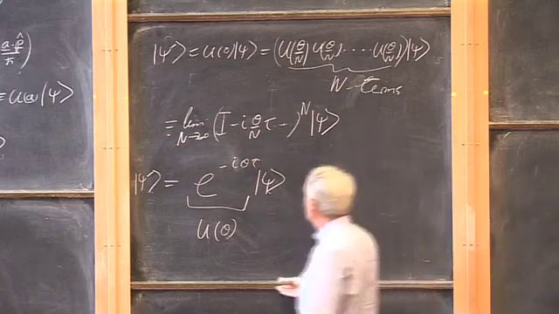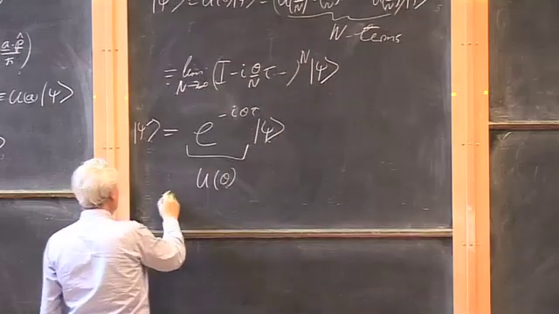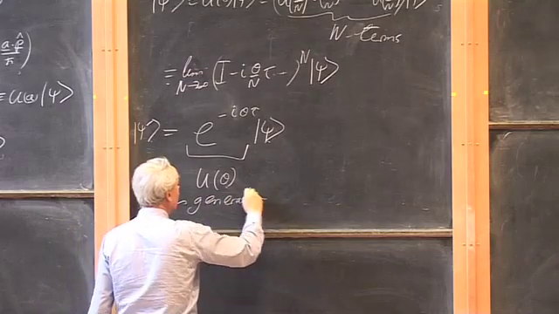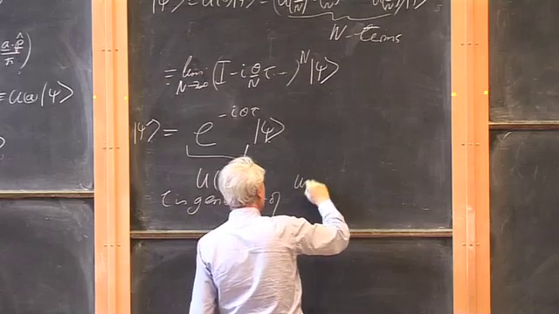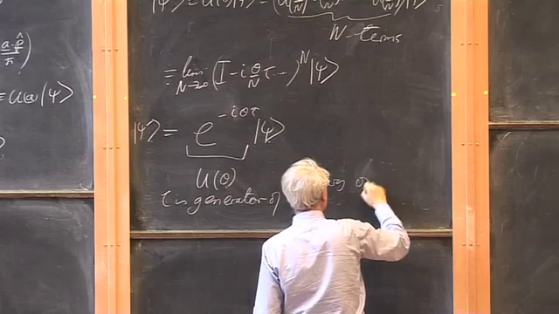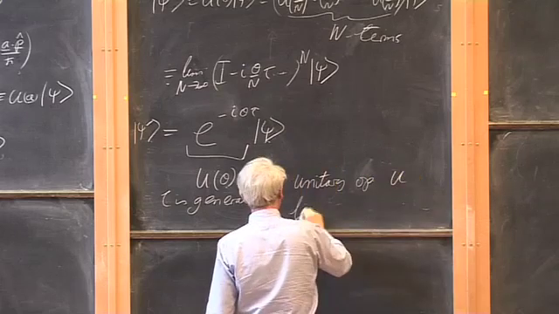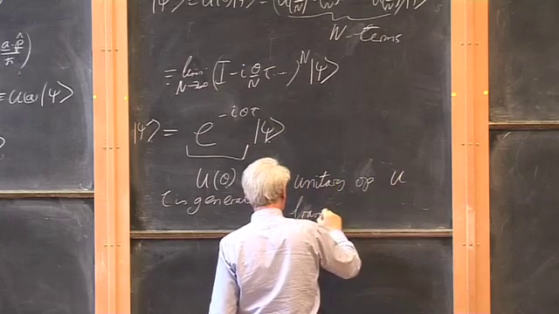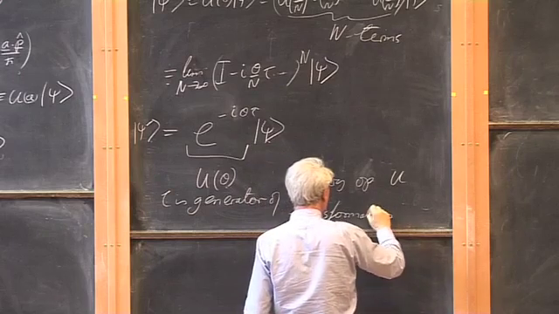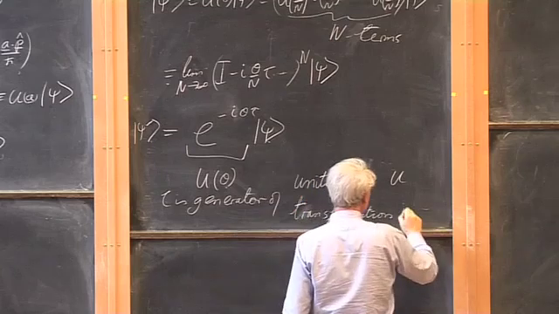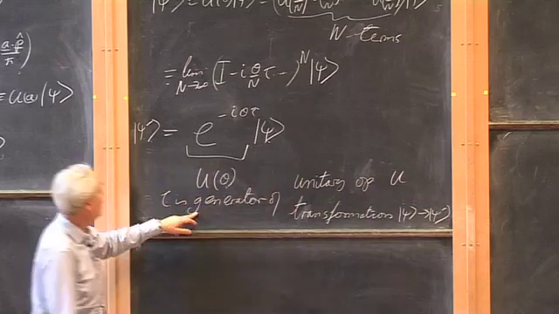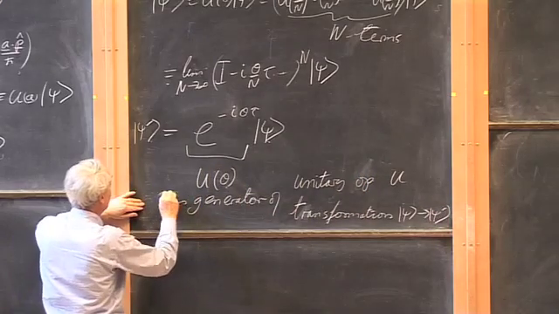What do we say? We say that tau is the generator of both the unitary operator and the transformations psi goes to psi primed. We say it's the generator. By saying it's the generator, this is badly written, tau.